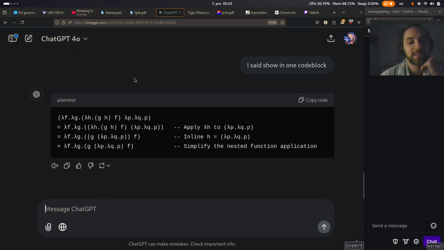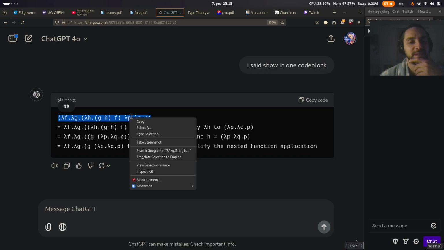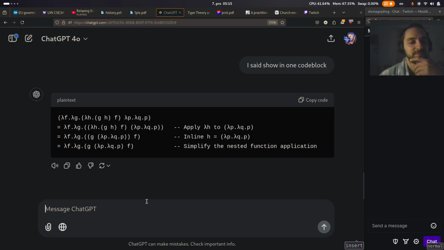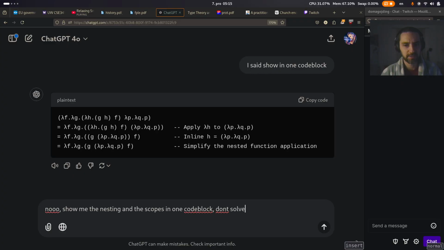And he's going to apply this too. Oh. And he's going to simplify it, yeah, because you cannot actually simplify it anymore. No, I thought just, no, he didn't do it at the end, you see. No, show me the nesting and the scopes in one code block. Don't solve it.